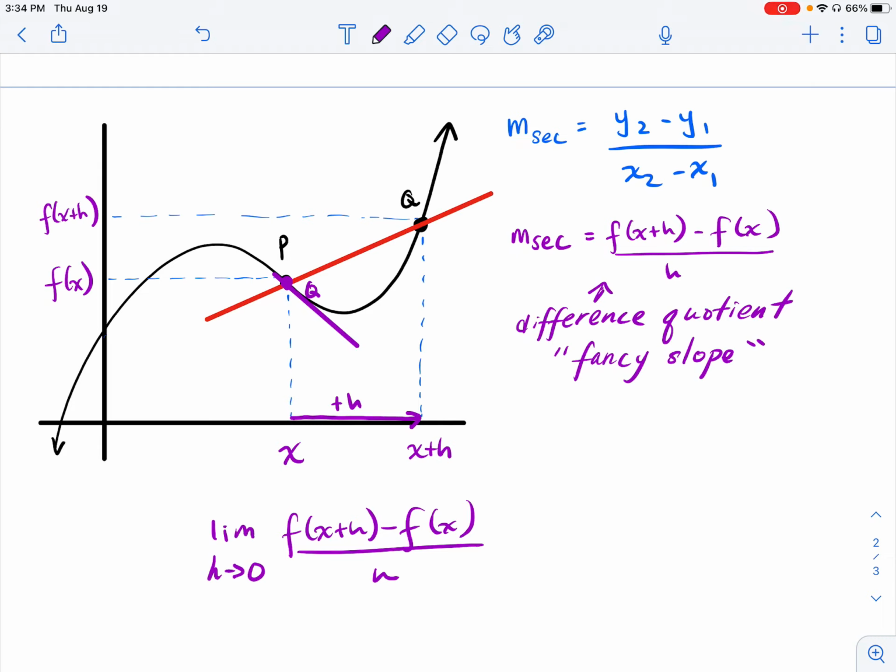The slope of the secant line effectively becomes the slope of the tangent line. So the limit of the difference quotient gives us the slope of the tangent line.